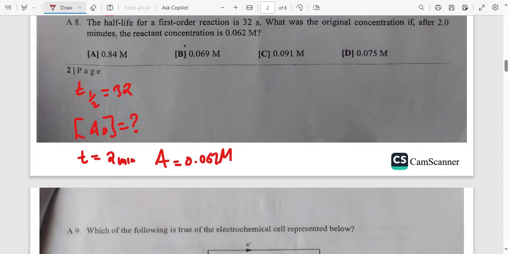Okay, so let me start with a zero order reaction, its half-life.